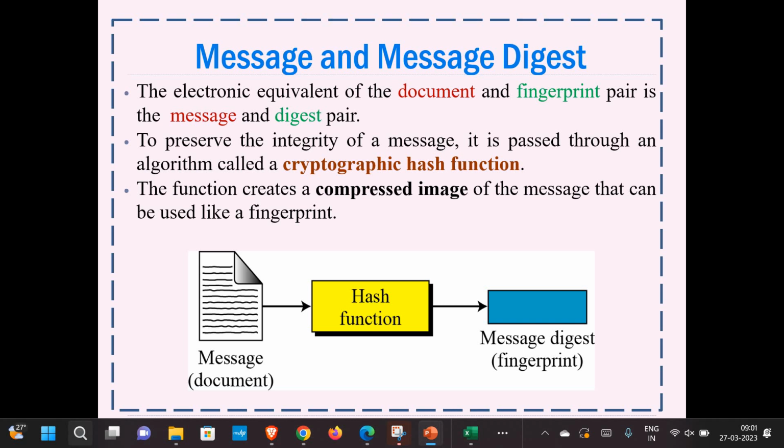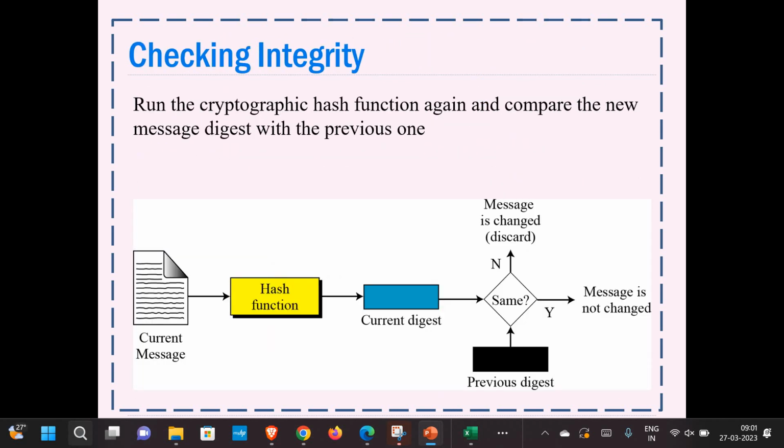This message digest, along with the other encryption, be it symmetric or asymmetric, finally reaches the destination, and the receiver compares the message digest that is supposed to come with what he has actually received. Based on the comparison, it indicates whether the message has been concealed properly and its authenticity or integrity is maintained, or if not, a retransmission will take place.